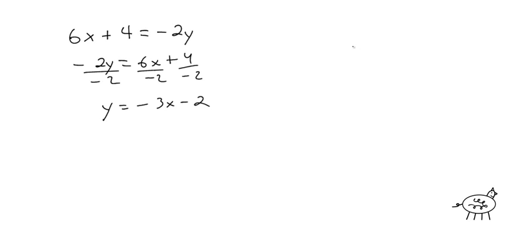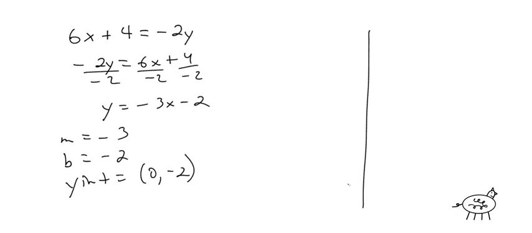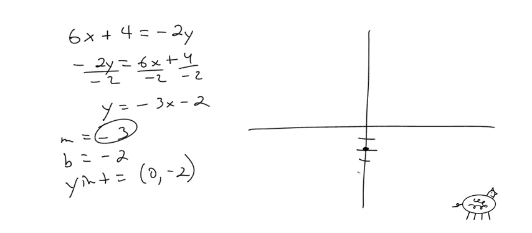Okay, and then our slope is negative 3. The value of b is negative 2, and the y-intercept is (0, negative 2). So I graph this, and I have negative 2 here, and then my slope is negative 3. So again, I could go down 3 and over 1. Do you guys agree with that? Or I could go, how about up 3 and to the left 1?